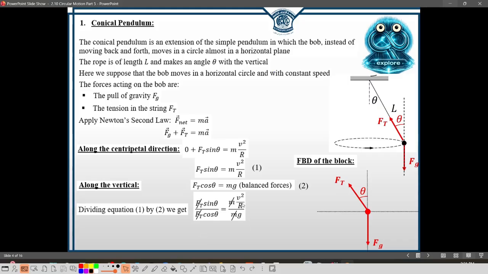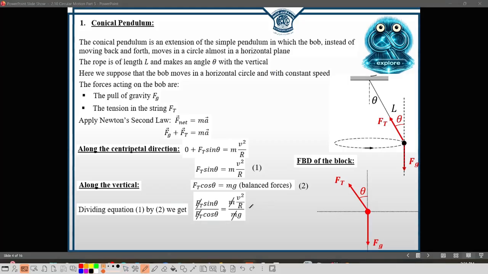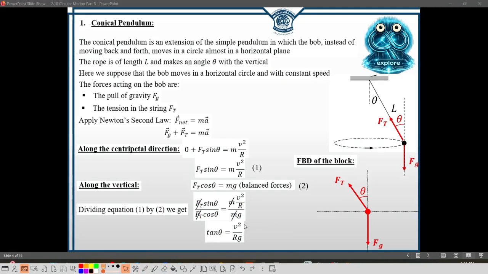We can bring the r down to the bottom, so this can be written as v squared over rg, which is equal to tangent. So tangent theta equals v squared over rg.